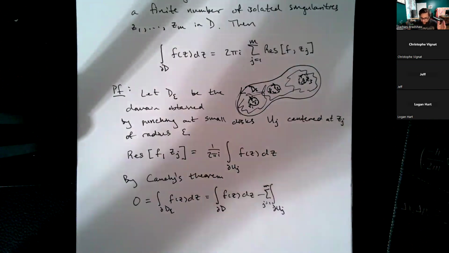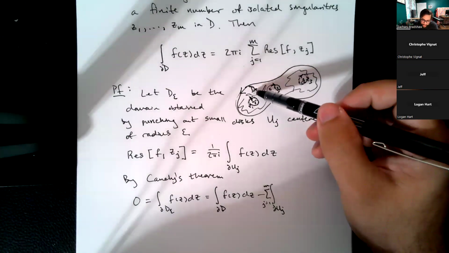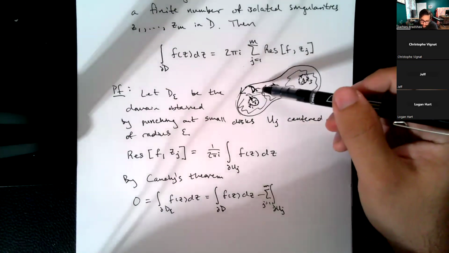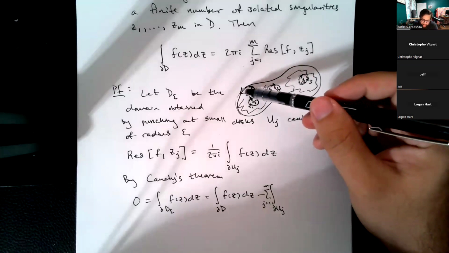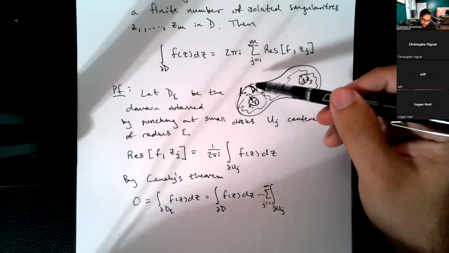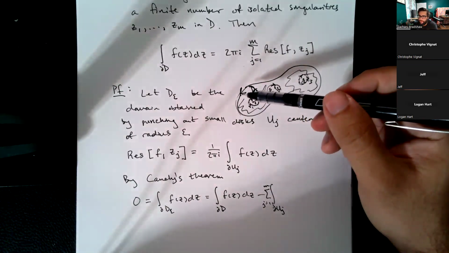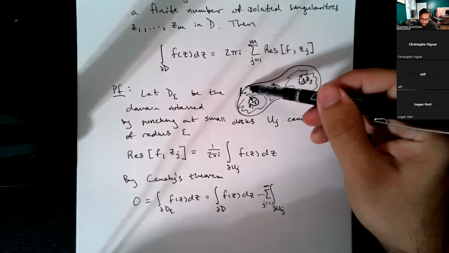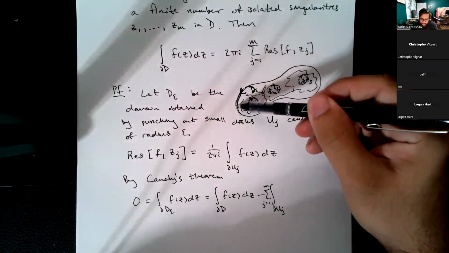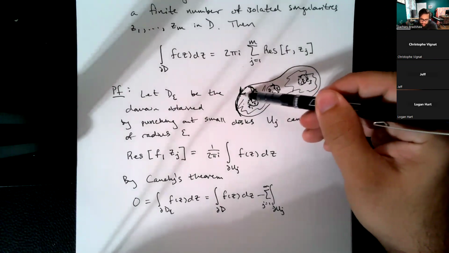So whenever we describe a domain like this, we had the convention that the arrow points in such a direction that the domain lies to the left. So if I'm traveling along the boundary like this, to my left, the domain is here, and so that's why I put the arrow here.